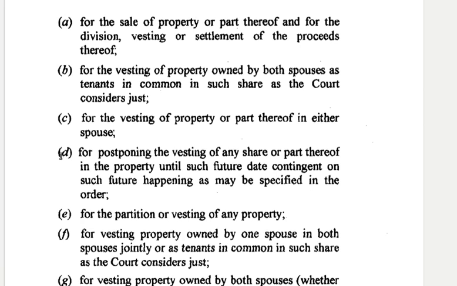All right. D. For postponing the vesting of any share or part thereof in the property, until such future date or contingent on such future happenings as may be specified in the order.